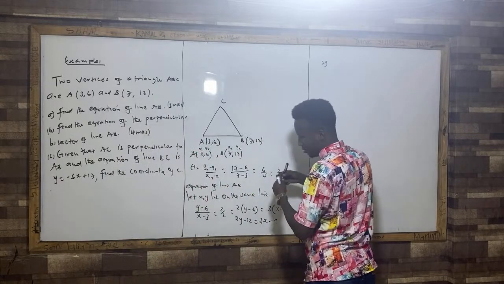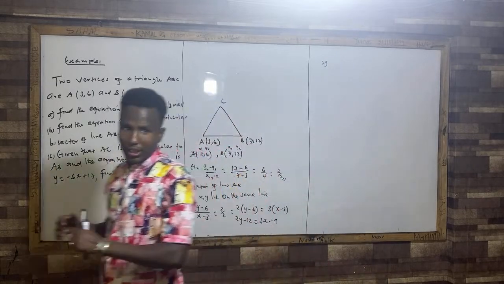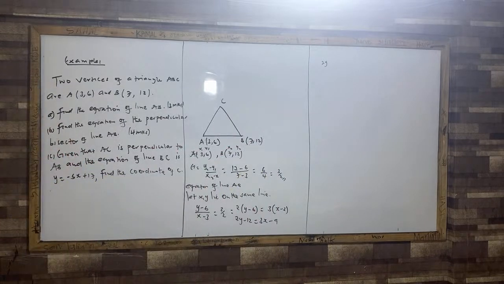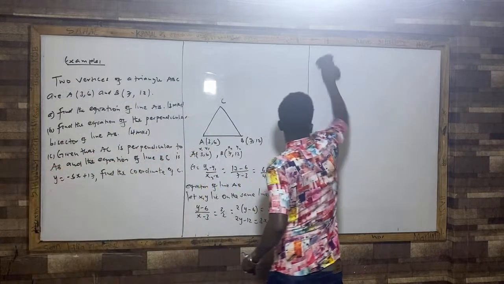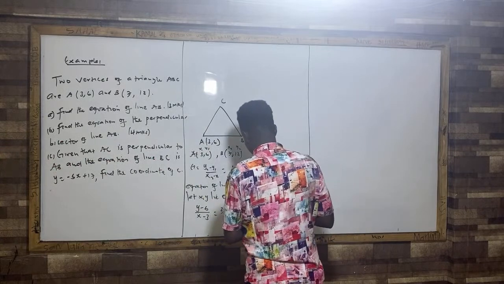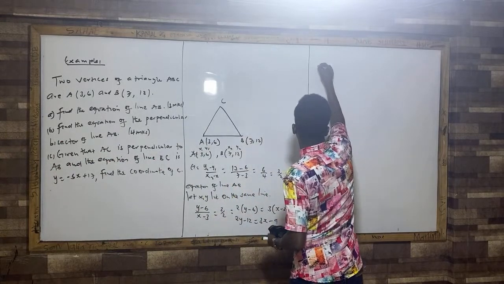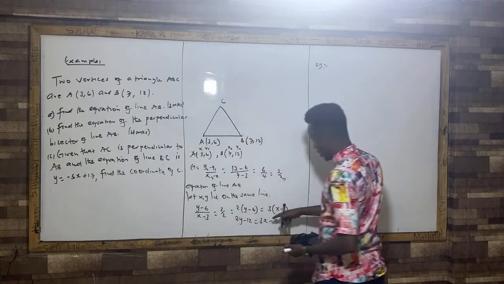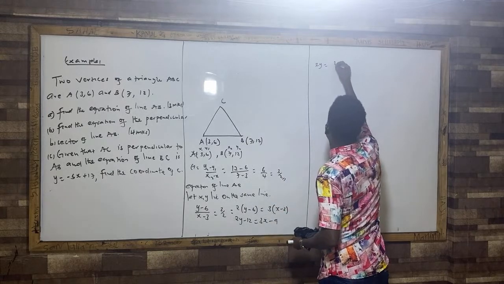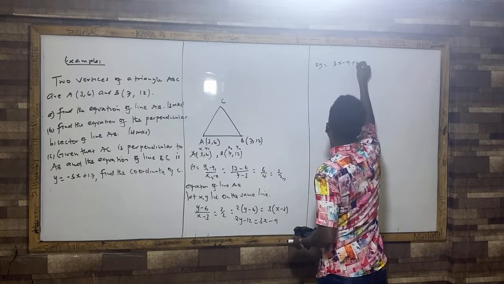So I'll say, take your time, guys, okay? Look here, 2y is equal to, transferring this one to the other side, 3x minus 9 plus 12.